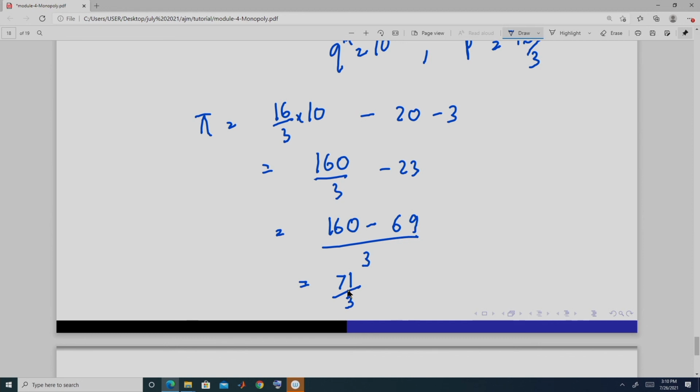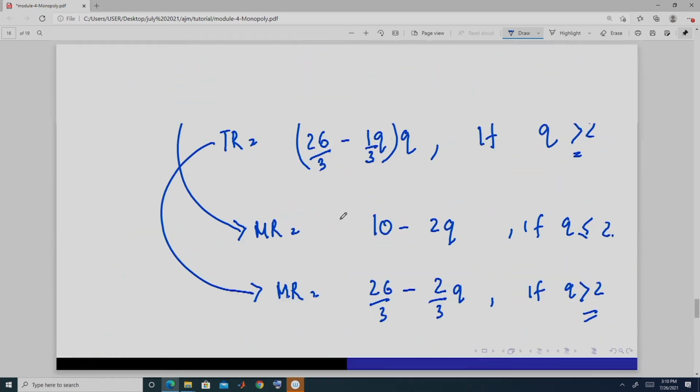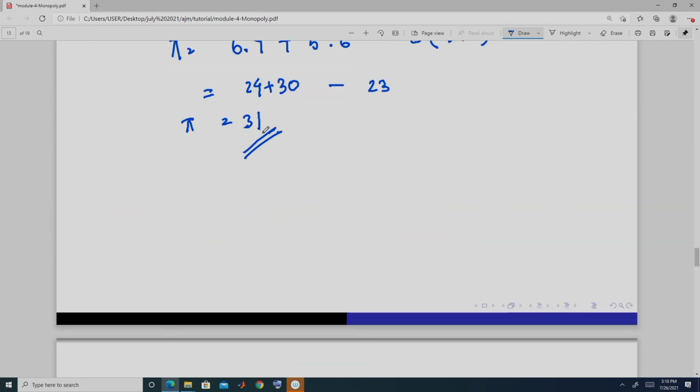If we do this, it will be 10 and it will get this. So this is 30 point something, 30.33, and the profit here is 31.